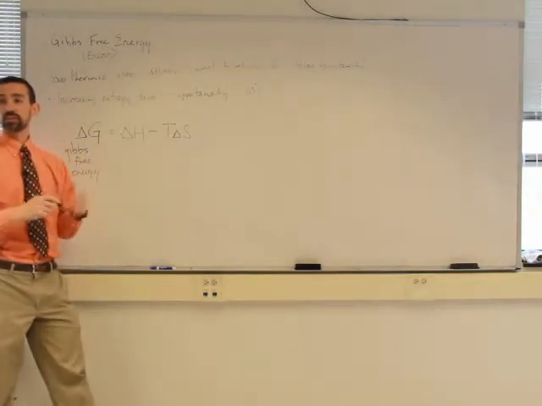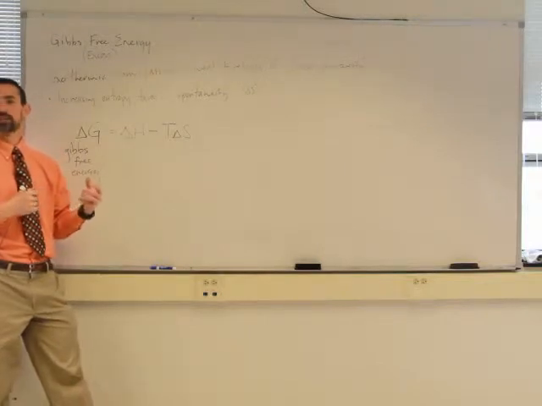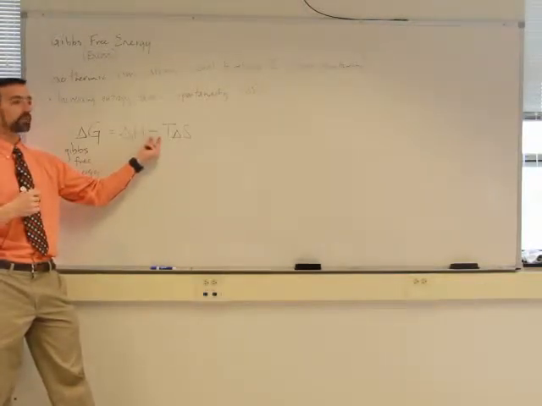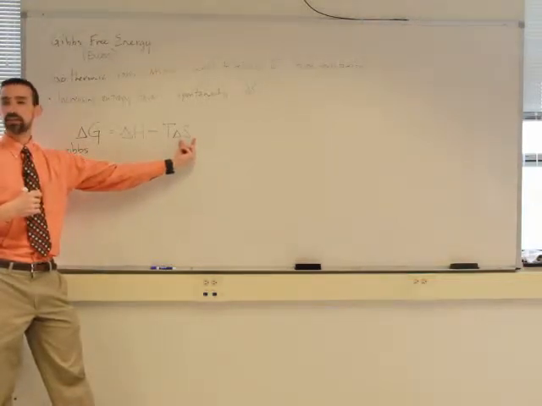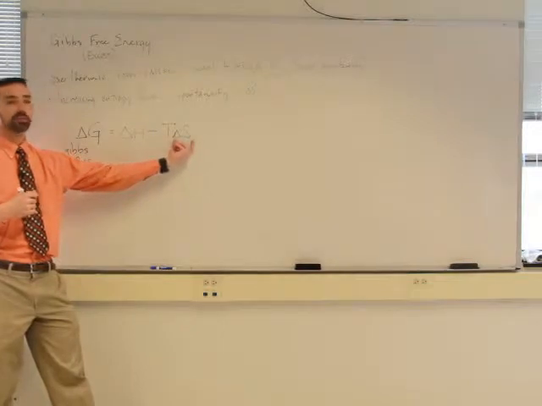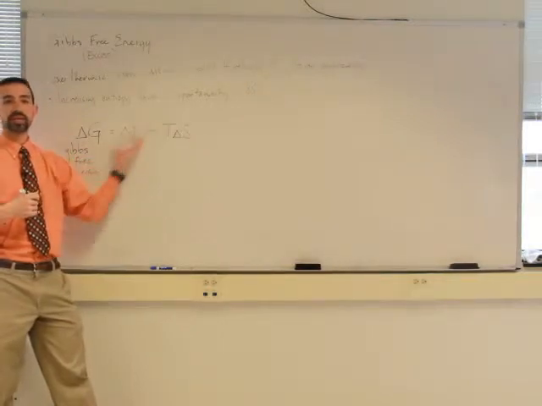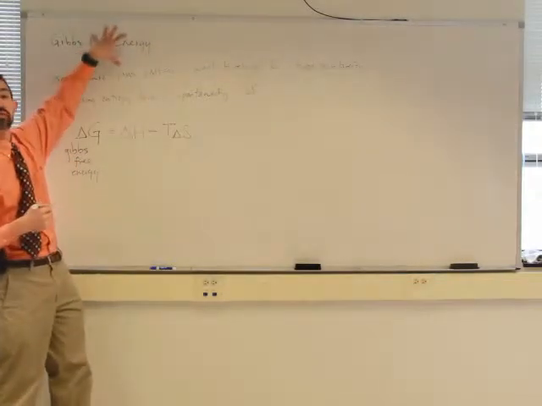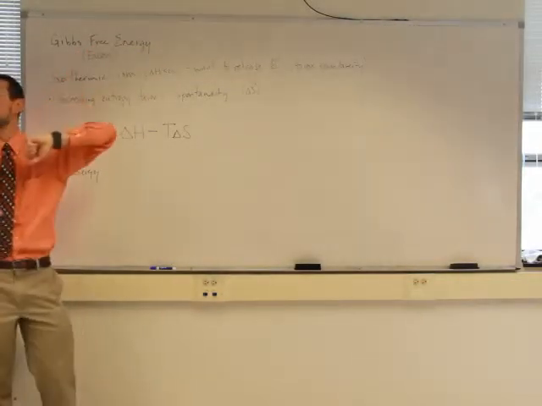Okay? So here's where my lottery analogy really works, right? I get a payout here, but now I'm going to subtract per student, how many students do I have, and then how much money per student.